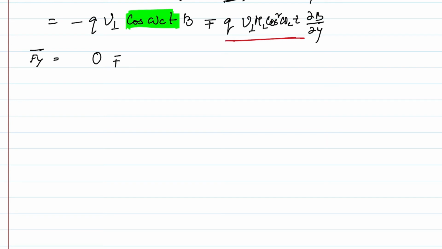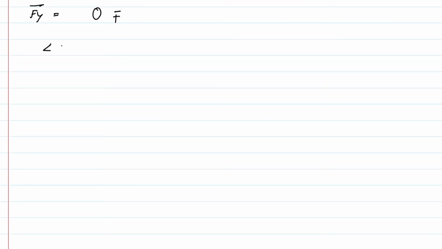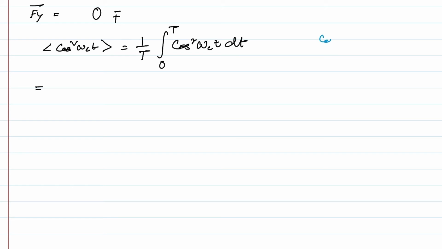So now let's find the average of cos square omega c t, which is given by 1 by T, 0 to T cos square omega c t dt. As we know, cos square theta is equal to (cos twice theta plus 1) divided by 2. Let us use this identity here.